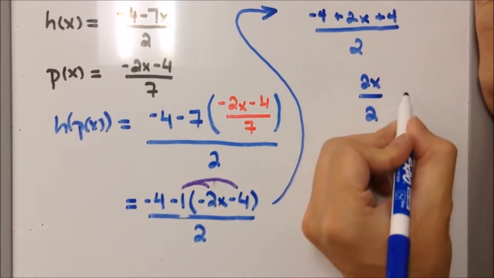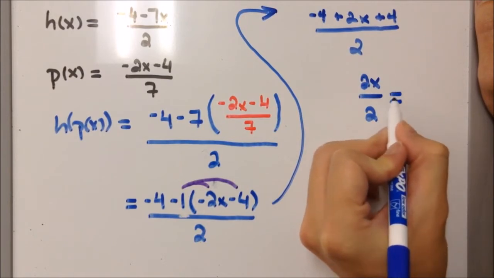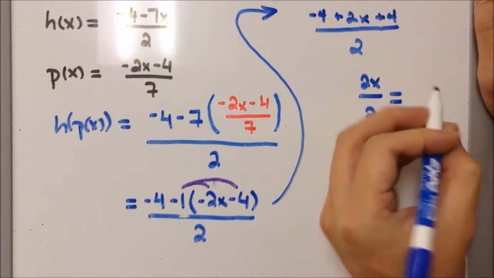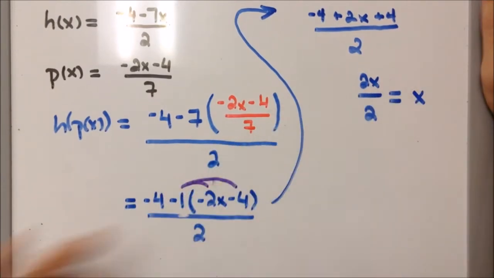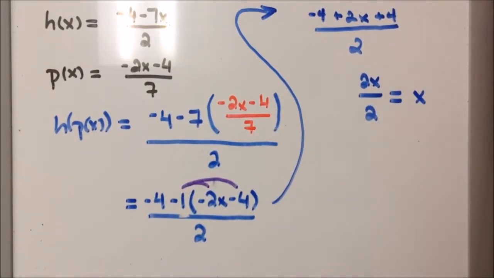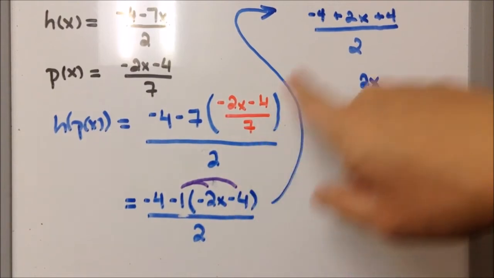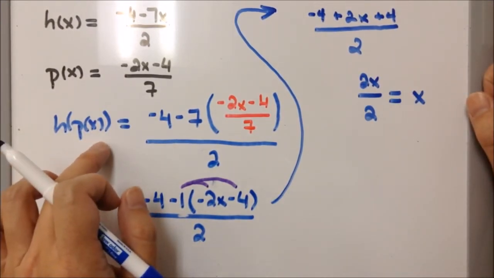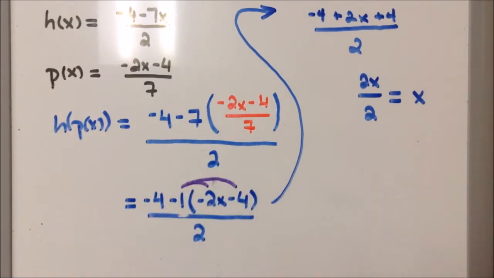It won't equal 0, it won't cancel out, it just divides itself out to 1. So basically, 2x divided by 2 is just x. So again, be careful with your signs, you might get different signs here, and we probably may not get just x, we probably got a different answer. But now we're just proving that h of p of x will equal x.